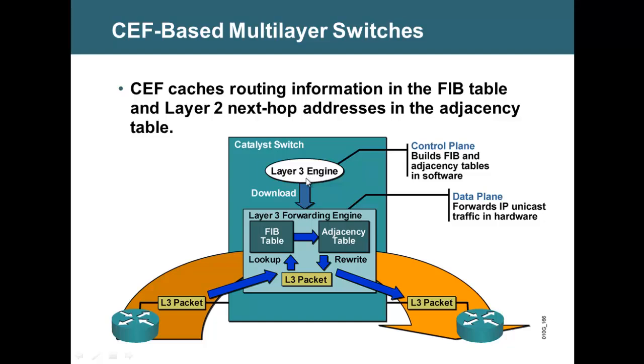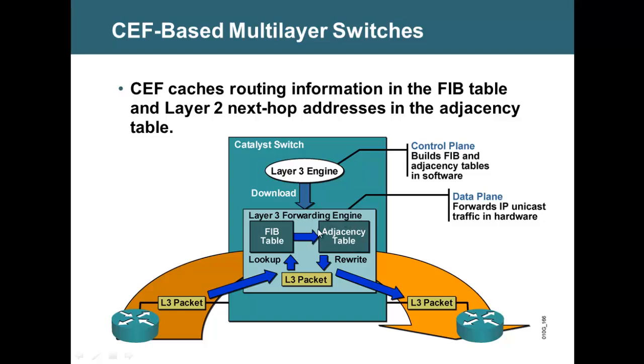And that routing information is now downloaded in the FIB table. When the same source wants to go to the same destination a second time, it will just see the FIB table, the forwarding information base, which is also CEF. So it will see a layer 2 next hop address in the adjacency table, so it knows which interface it needs to send it out.